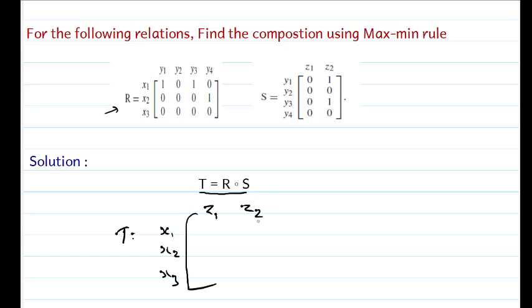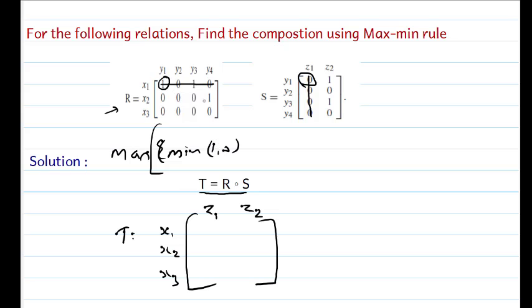Now how do we find these elements? We take the max-min composition. So I write max, and now see, this is the first row of R and this is the first column of S. So for the first row of R and first column of S, the first element is 1 and this is 0, so we take min of 1 and 0. Then the second element is this one and this is the second element of S, so min of 0 and 0.